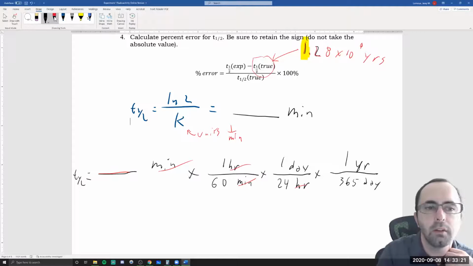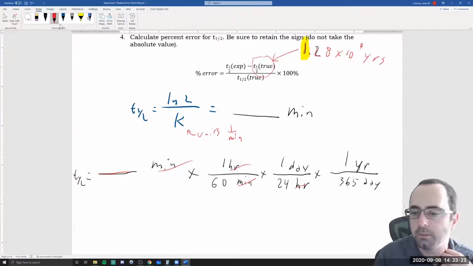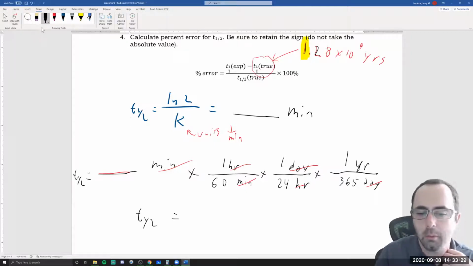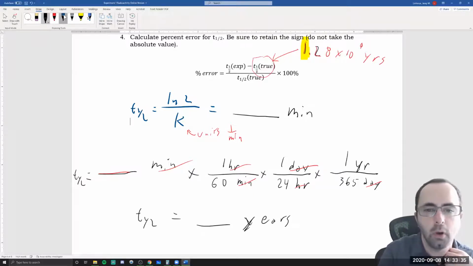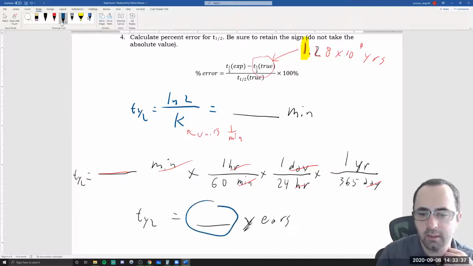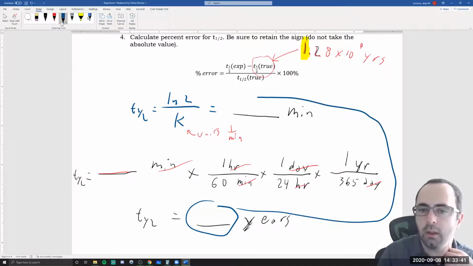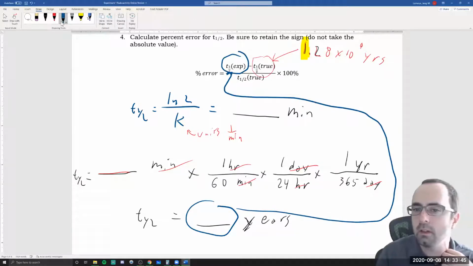That will give you a half-life, so now T1/2 is going to be blank years. At that point, you can put this in for the experimental, and the true will be the 1.28 times 10 to the 9th years.